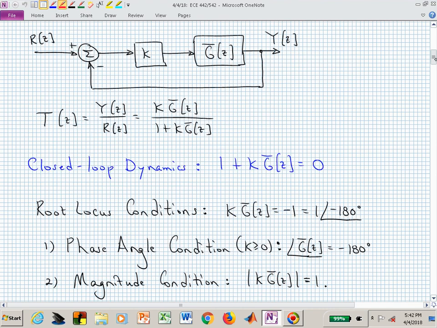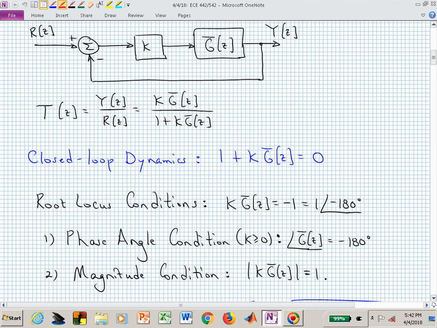And I'm going to keep telling you where these rules come from for sketching the root loci, and essentially it all comes from that denominator expression. 1 plus KG bar, if we set that equal to 0, we can solve that for KG bar. That means if a point on the z-plane belongs to the root locus, we have this z-plane, and the root locus is going to be some branches that are sketched on that z-plane, it has to satisfy KG bar equaling -1.